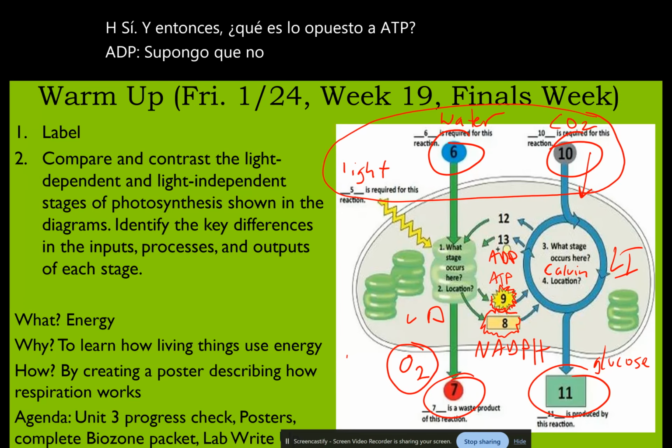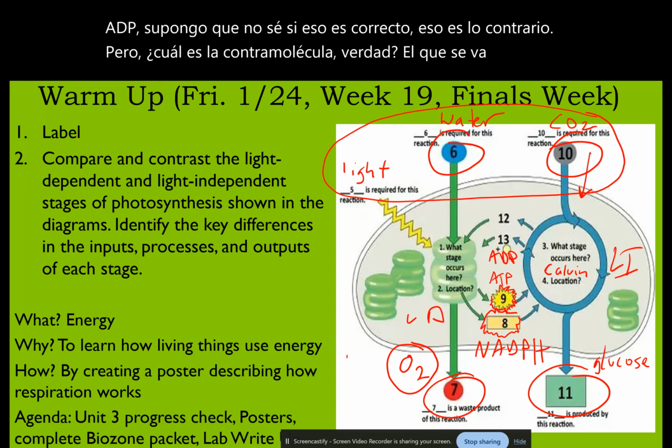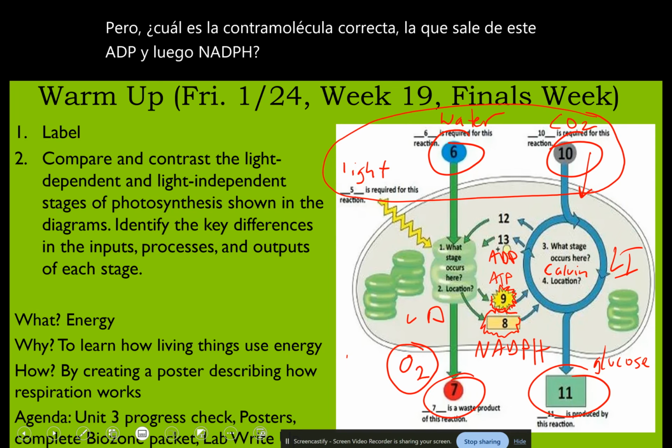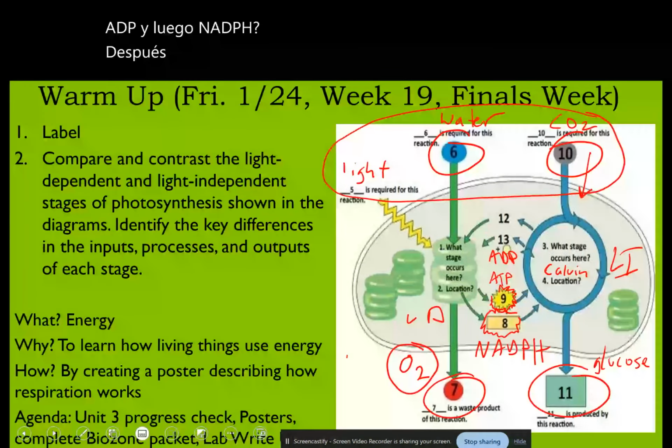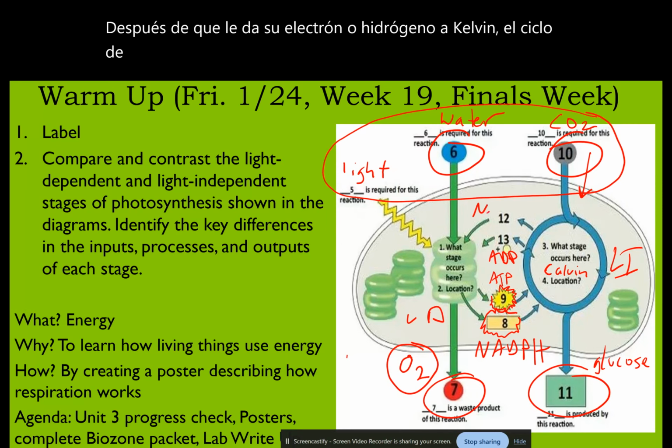But what's the counter molecule, right? The one it cycles out of is ADP. And then NADPH, after it gives its electron or hydrogen to the Calvin cycle, then it turns into NADP plus. Yeah, so those are a couple more things.